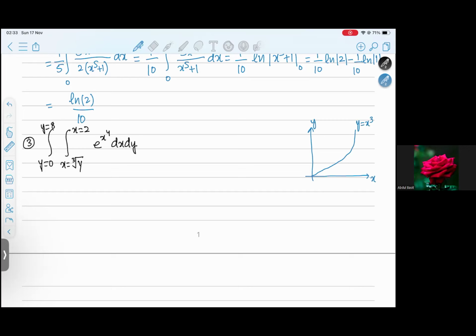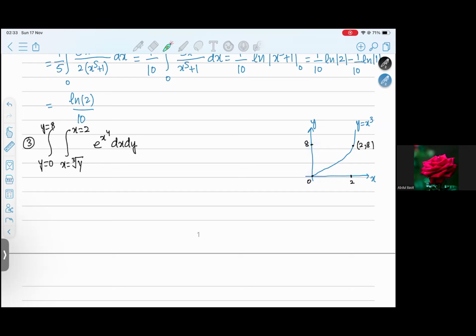The y values are from 0 till 8. So the value corresponding to this 8 will be 2. Okay. So the outer limits are from y is equal to 0 till y is equal to 8, going from this all the way till this.